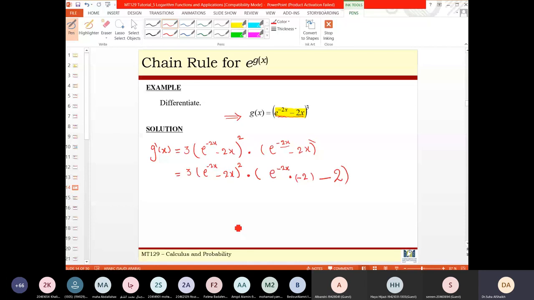It's minus 2. Good. We are done. This is the derivative. Just a small rearrangement: 3 exponential minus 2x minus 2x squared, and this I'm going to write as a minus 2 exponential minus 2x minus 2, and this is the derivative. Are you getting that?